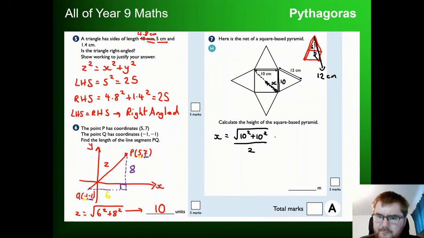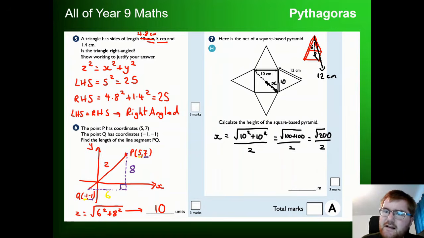Now I'm going to leave this in surd form, so I'm going to leave this as the square root of 100 plus 100 over 2, which is equal to the square root of 200 over 2. Notice I'm not reaching for my calculator straight away. Now once I've got that, I can now use the other formula for Pythagoras, because I'm looking for the shorter side here.